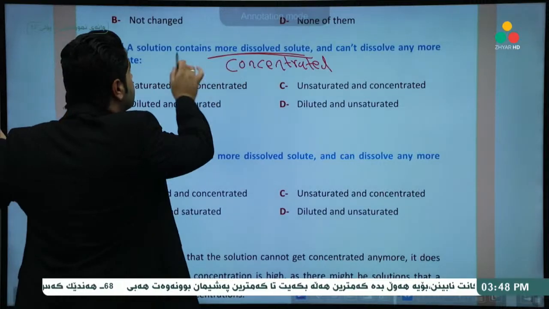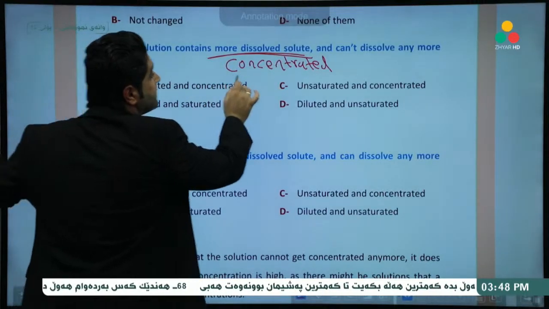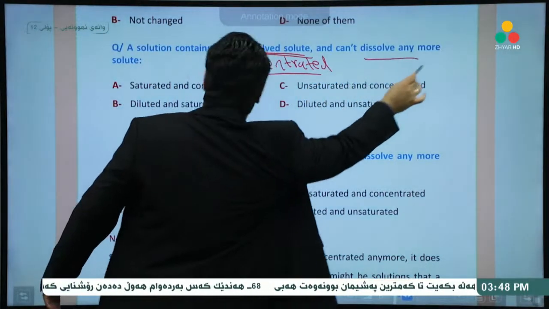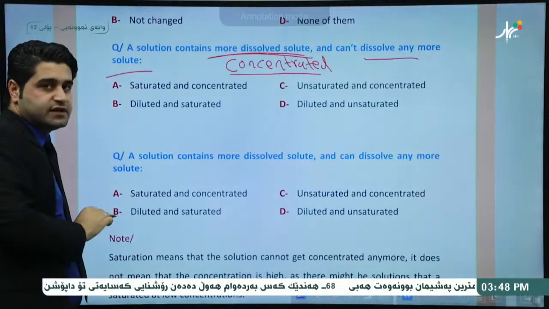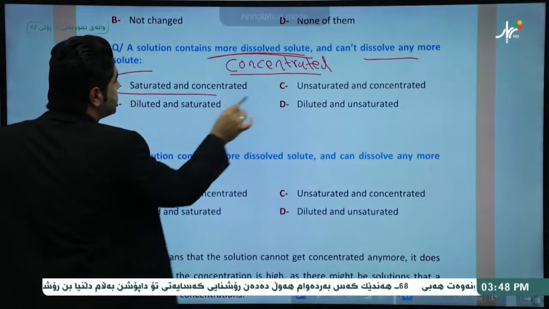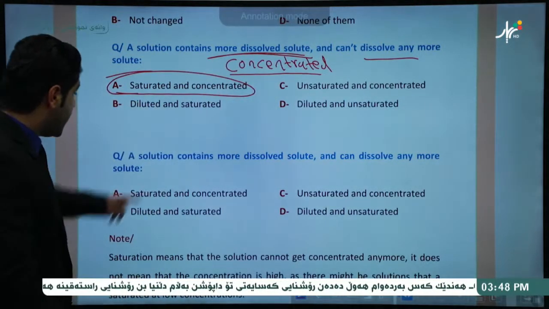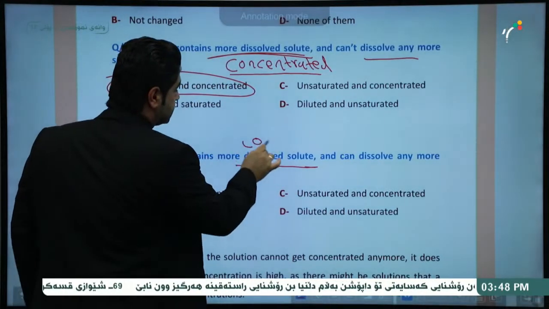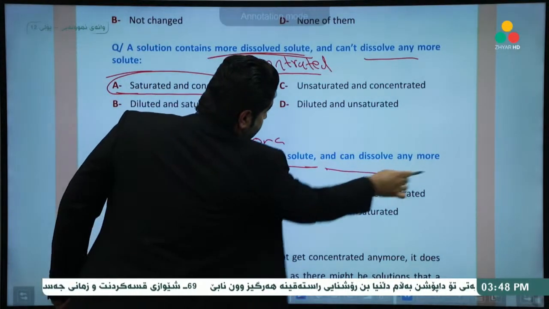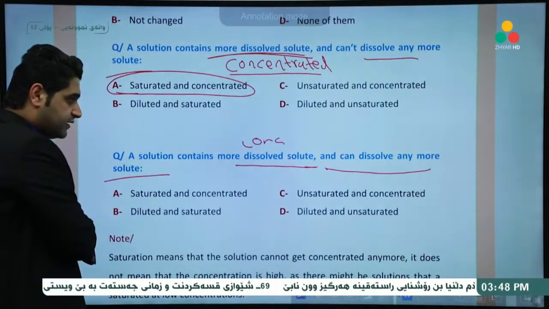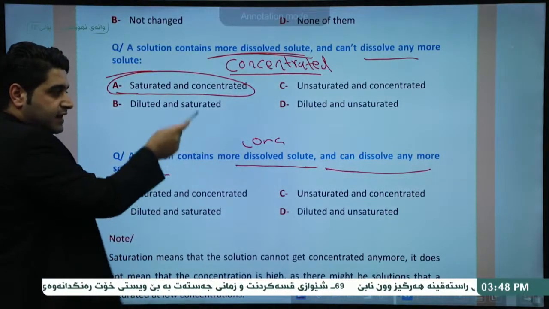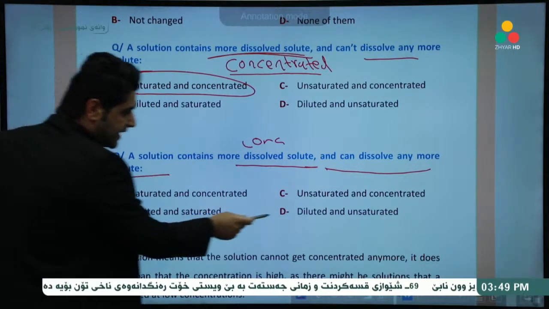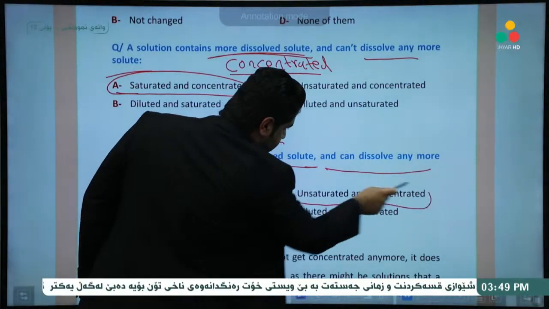A solution contains more dissolved solid, so it is concentrated, and it cannot dissolve any more, so it is saturated. So the right answer is saturated and concentrated. A solution contains more dissolved solid, so it's concentrated, and it can dissolve more solid, so it's unsaturated. So the right answer is unsaturated and concentrated.